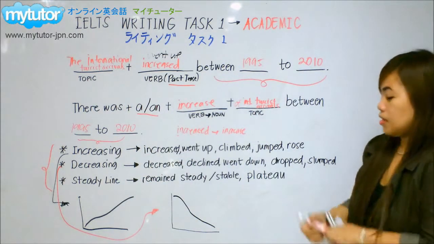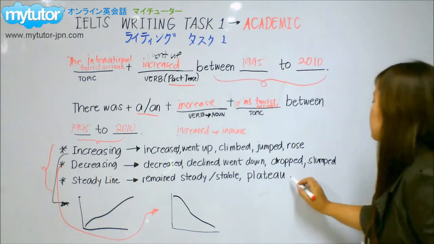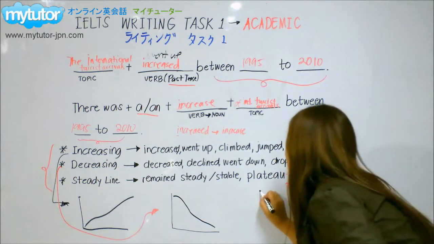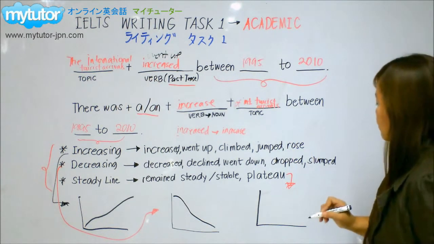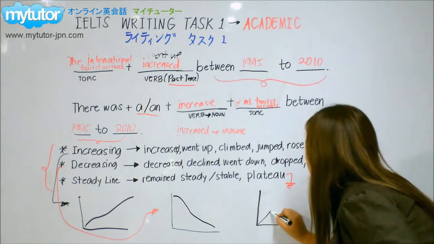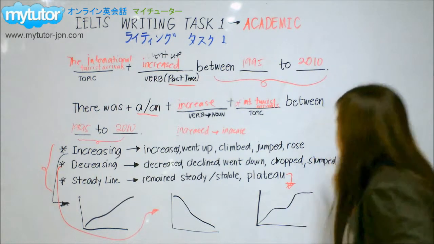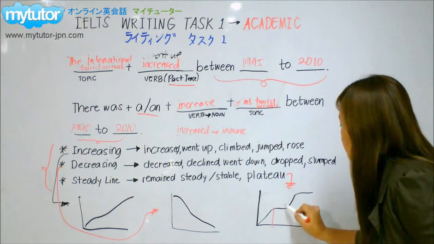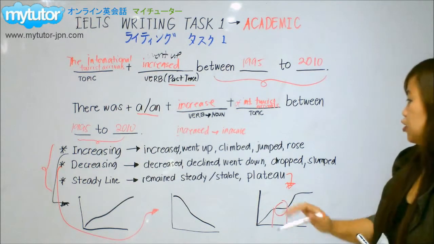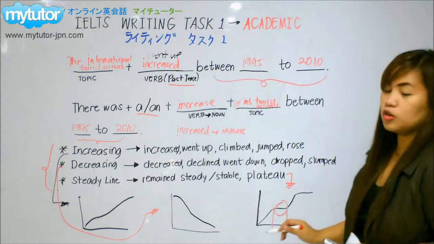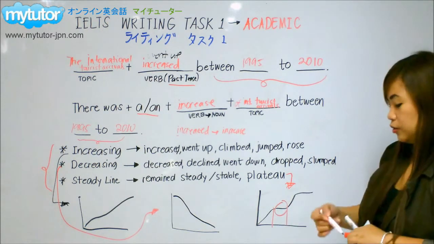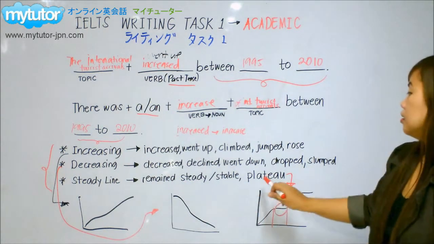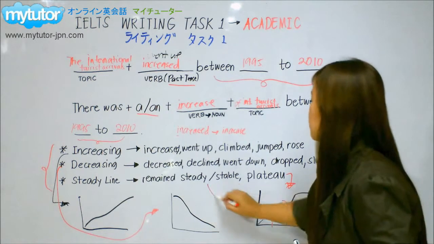Okay, that's an example. Third one, we have a steady line. So our y-x axis, as you can see, this part here is steady, so it remained stable. This is what you call a plateau. You can use remains steady, remains stable, or if you change this to a noun, it becomes plateau.